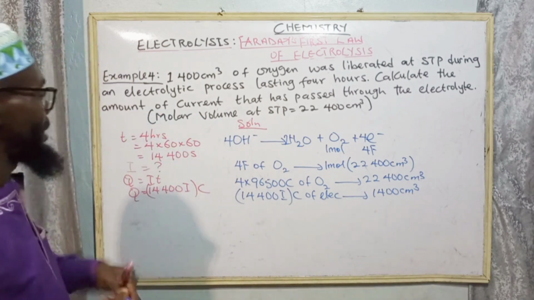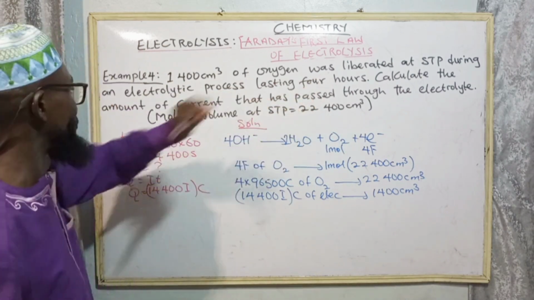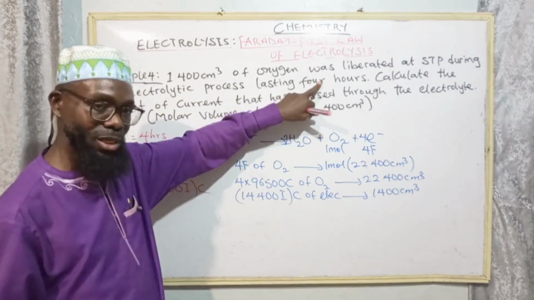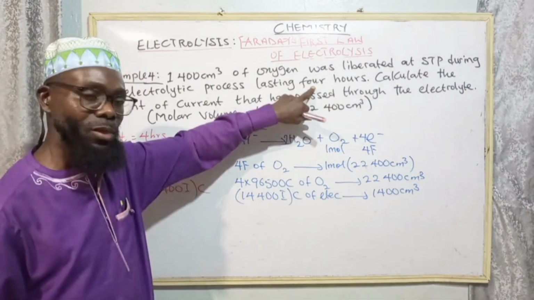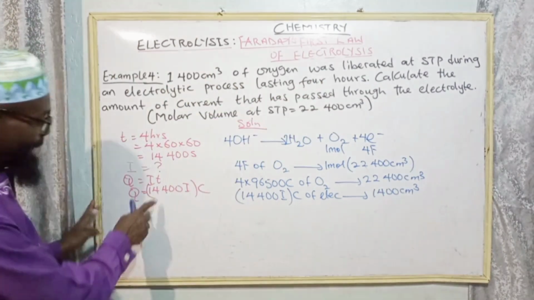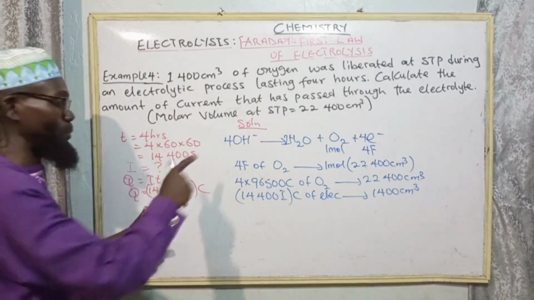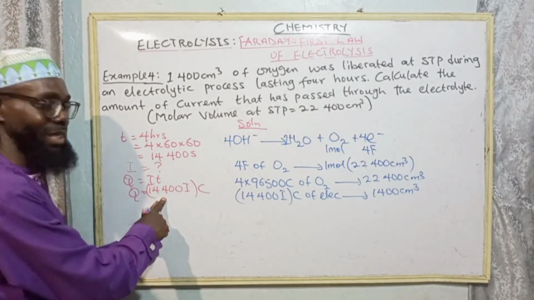So we are told that 1,400 centimeter cube of oxygen was liberated at STP during an electrolysis process lasting 4 hours. So which means this one is being produced from this time, and this time is located here. So 1,400 centimeter cube will be equated to 14,400 I.